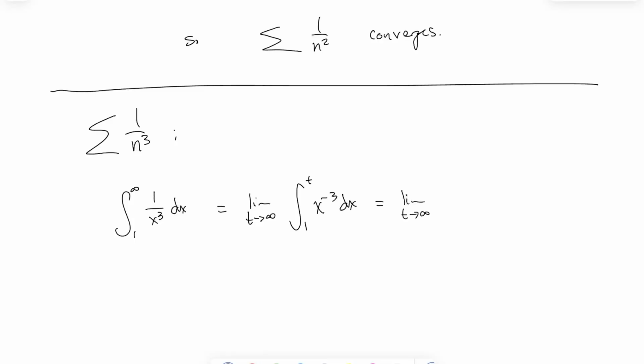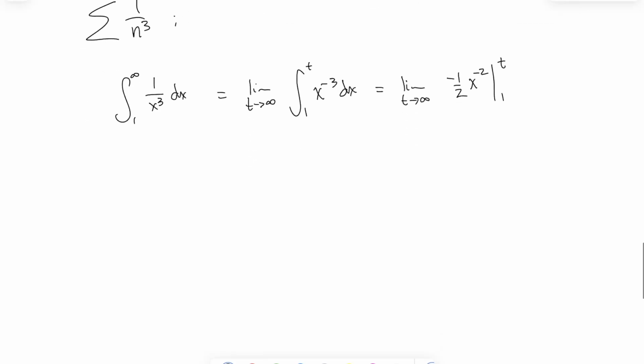When I do the antiderivative, negative 3 increases and becomes a negative 2, and then I divide by negative 2, so it's like minus a half x to the minus 2. All right. Plug them in. Minus a half t to the minus 2 minus a half 1 to the minus 2.